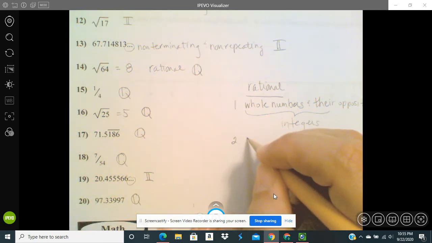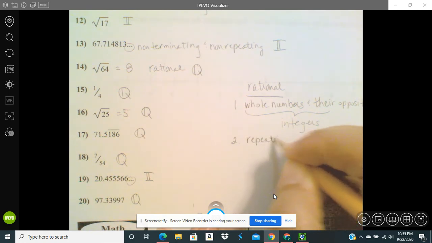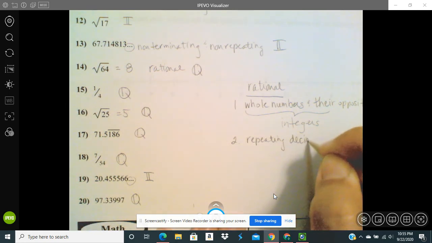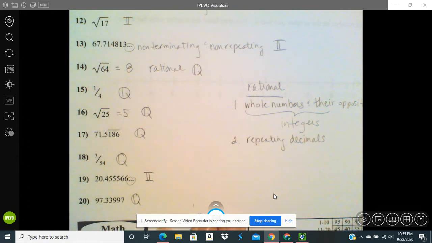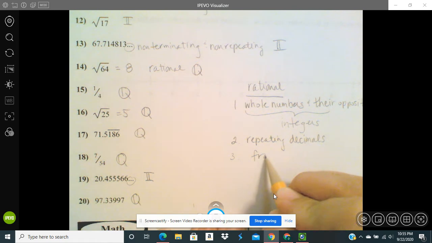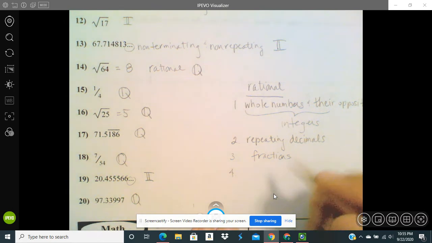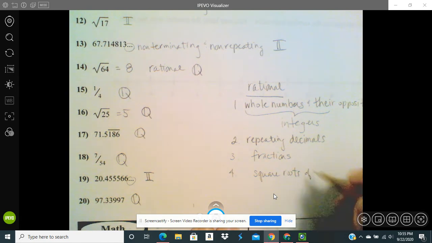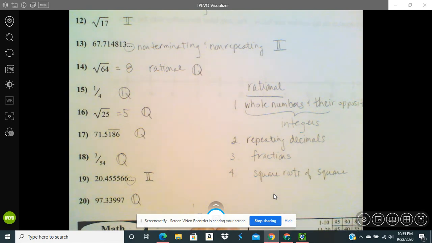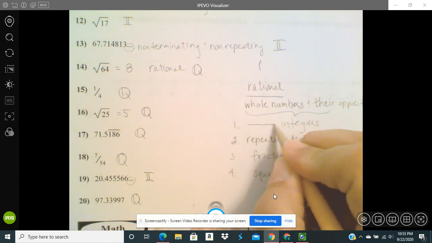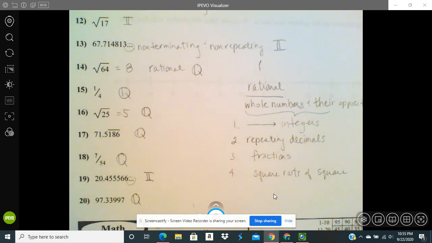What else do we have? Repeating decimals. You did this last year in 8th grade where you turned a repeating decimal into a fraction. My favorite word, fractions. What else did we have? Square roots of squares. I'm actually going to make this number 1: integers, that's a whole number, its opposite, and 0, because 0 is a whole number.